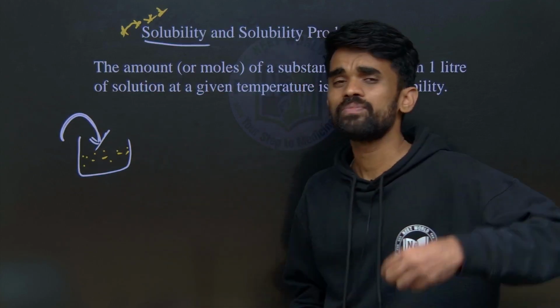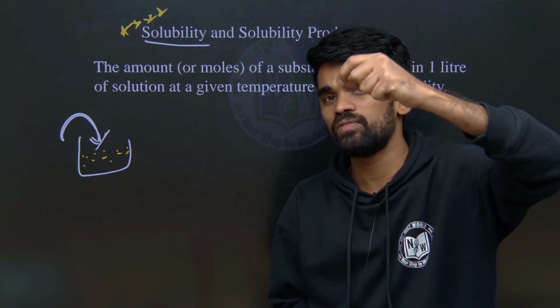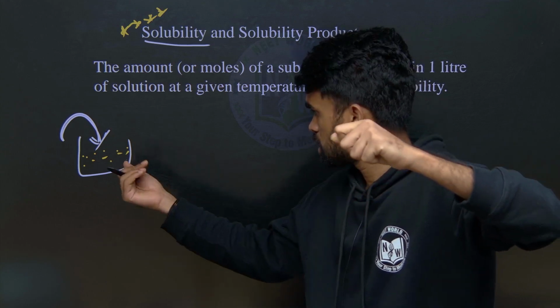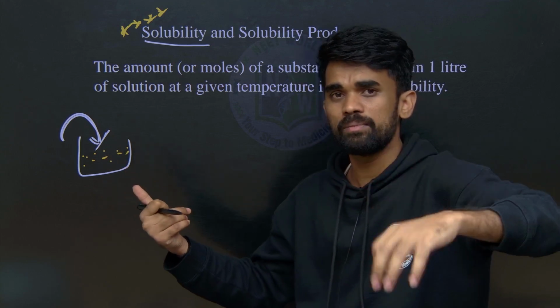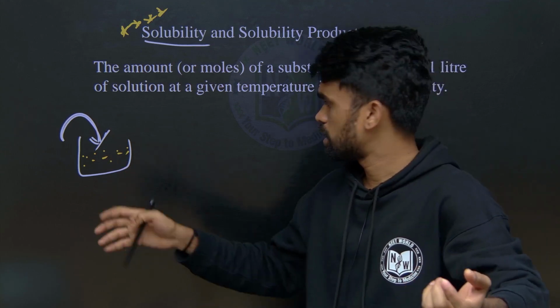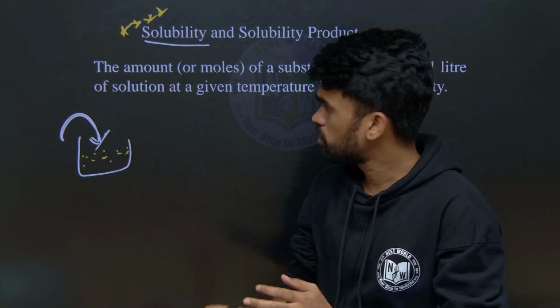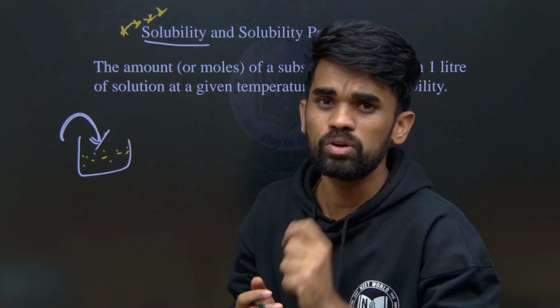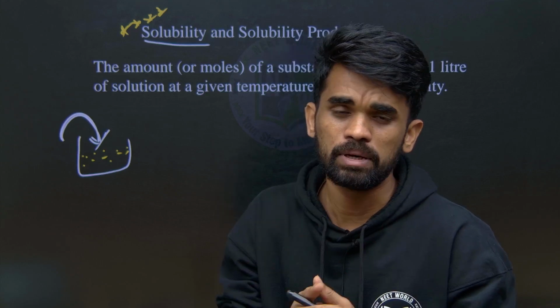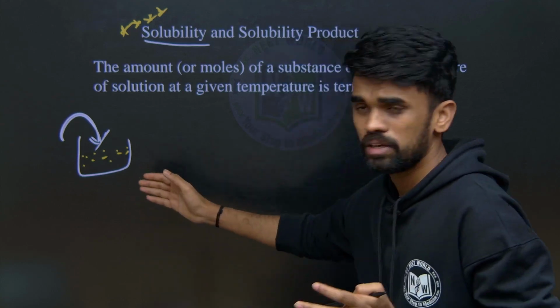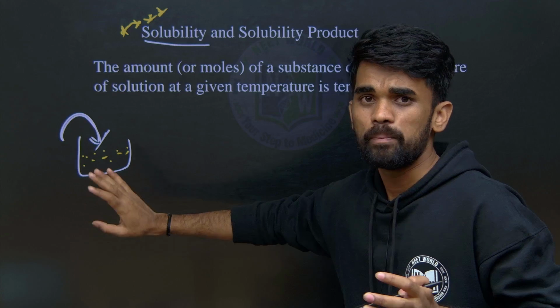Only some amount of that salt will be dissolved in this solvent, and the remaining will remain undissolved, like a precipitate at the bottom of the beaker. So only a small amount is dissolving, but the remaining remains as precipitate.